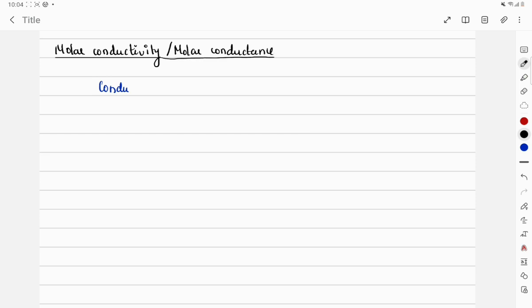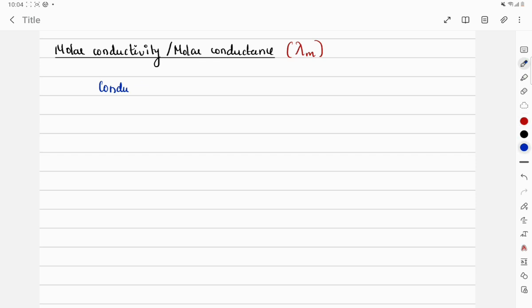How do we represent this one? It is always represented as lambda m. Writing this m is important because there is another conductivity, equivalent conductivity, which is represented as lambda eq. So lambda m means molar conductance or molar conductivity.